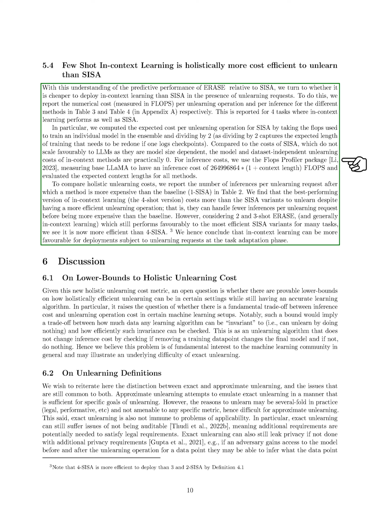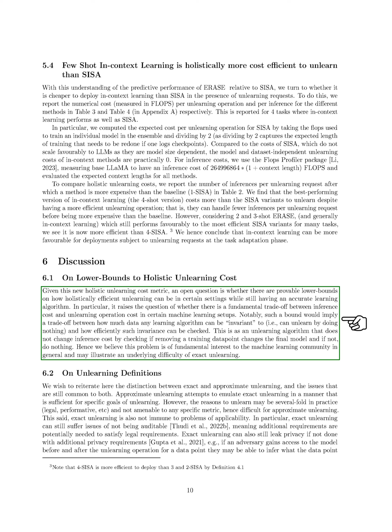Section: Discussion. We're diving into a discussion about the costs associated with completely removing data from machine learning models, a concept we're calling holistic unlearning cost. We're curious if there's a way to determine the minimum amount of resources needed to achieve this efficiently without sacrificing the model's accuracy.